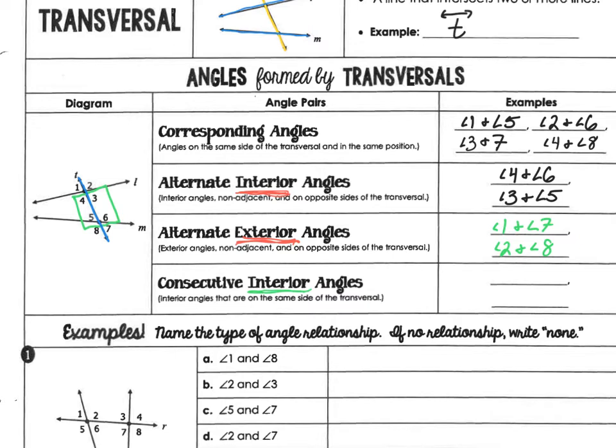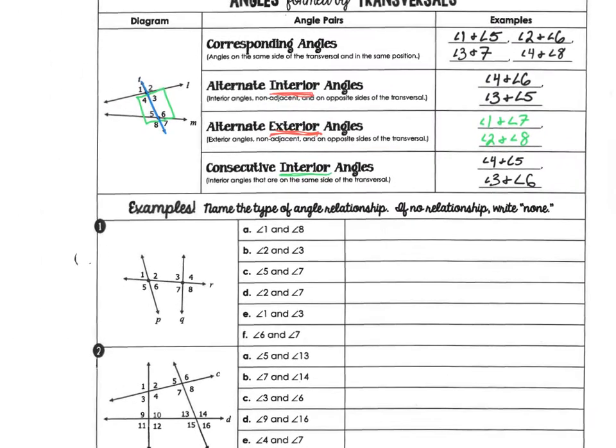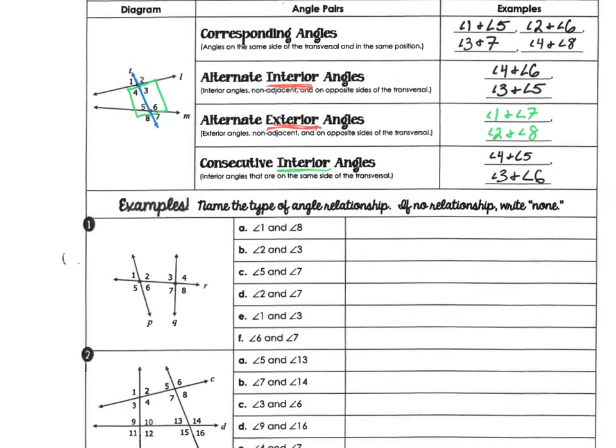So which angles in the green box are on the same side? Good. All right. Is that 4 and 5? Angle 4 and 5 and angle 3 and 6. Yes. Sorry, it got a little sloppy there.